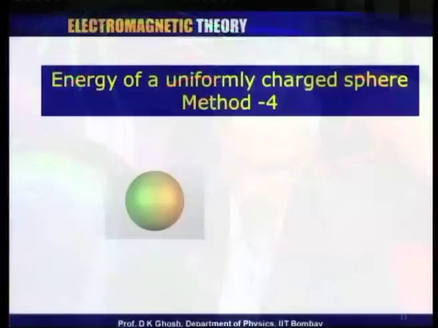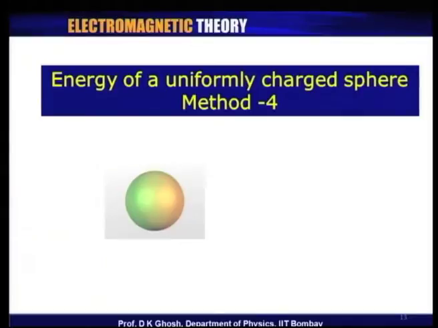There is still a final way of doing this, and this is a little interesting way of doing it, that is, let us do it from first principles. And what is first principle? The first principle is I have a sphere which is being built up gradually.